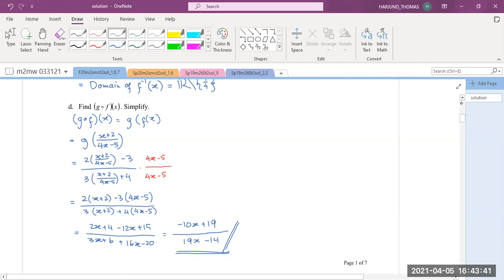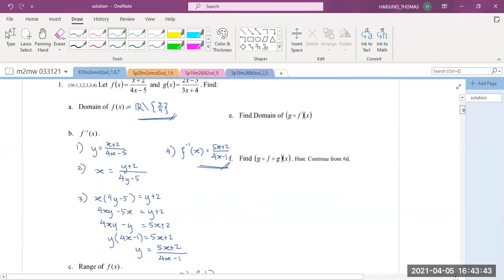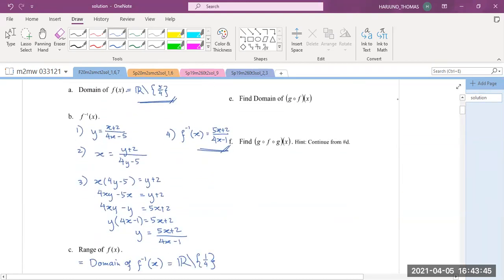Now then the next question is find the domain of g compose f. The domain will be all real numbers except, look at the domain of f(x) first. Notice that it's g compose f, which means it has to first be able to get into f(x). Which means I need to avoid 5 over 4.